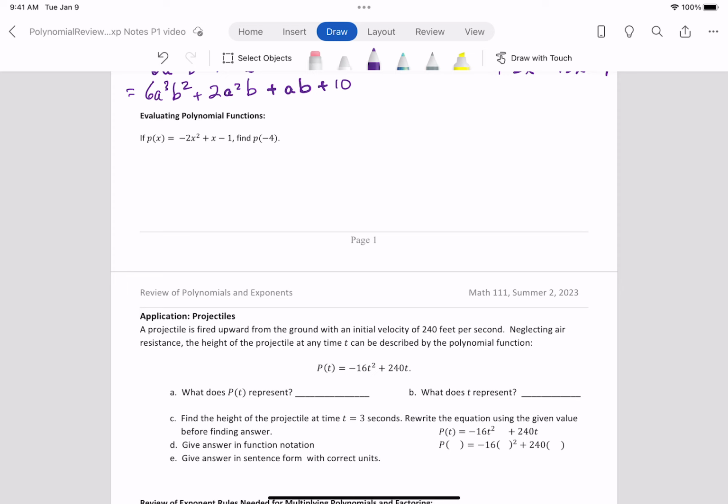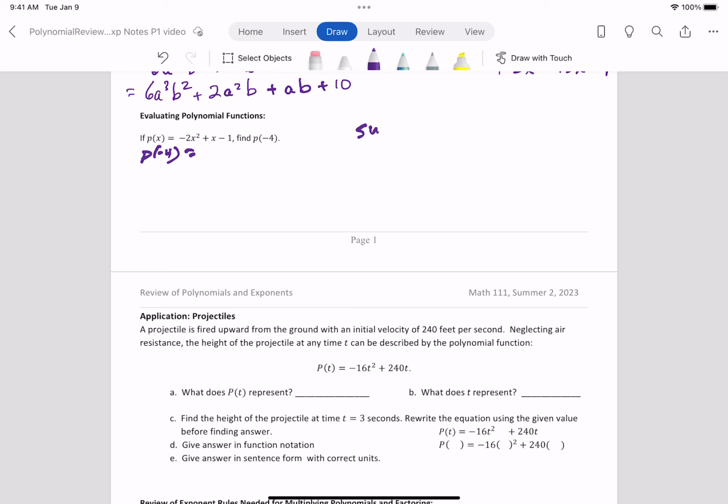So what we were saying is if we want to evaluate a polynomial function, if you notice the notation p of x, if I'm asked to find p of -4, you see from the notation that the -4 is sitting in the place of the x. That's basically all this is asking me to do.